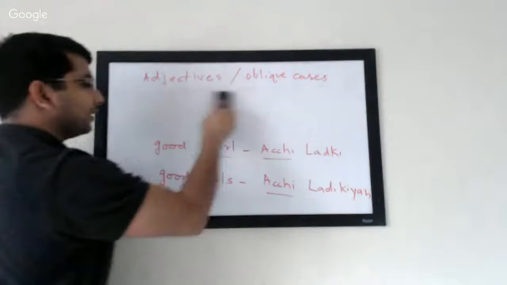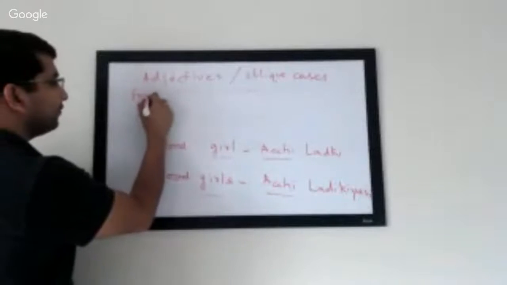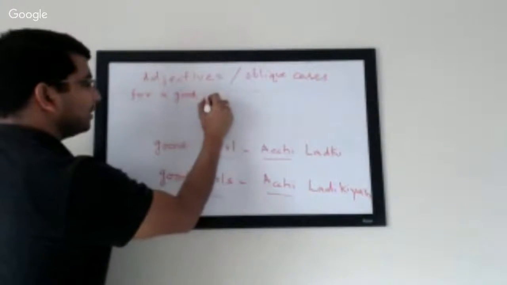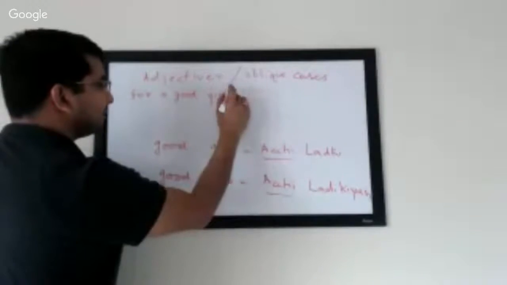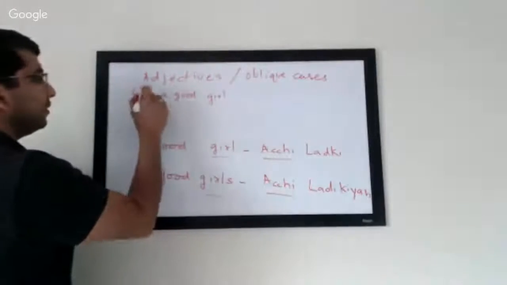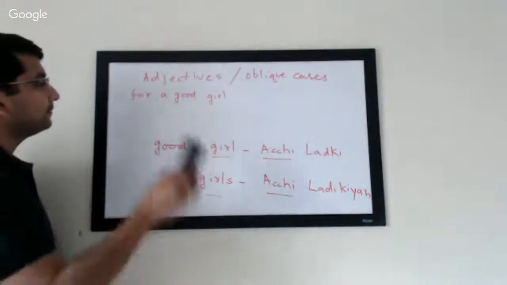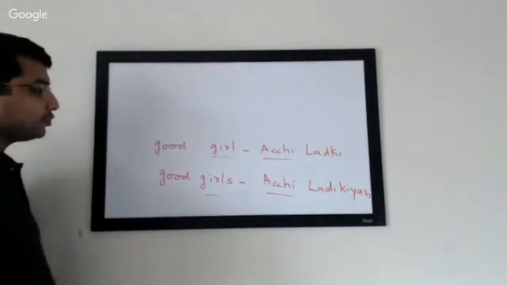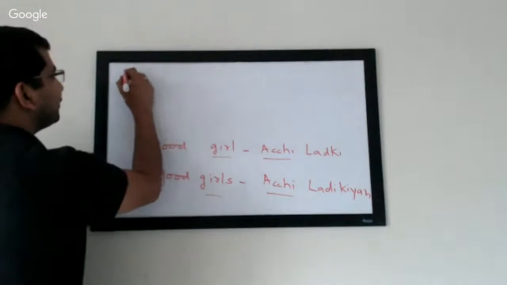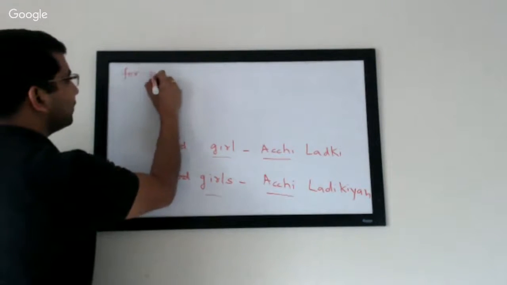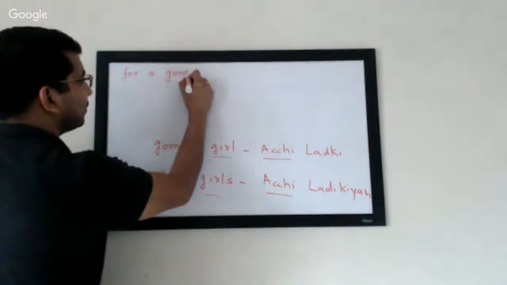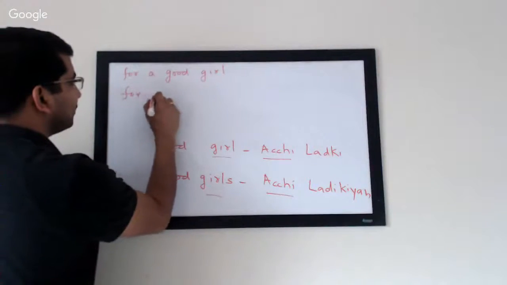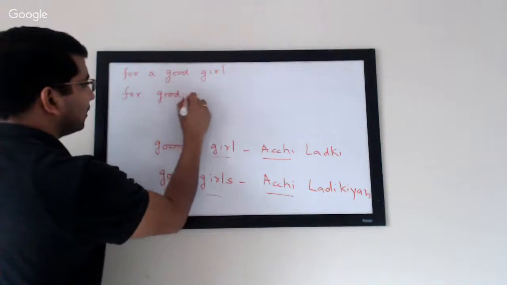But same thing if you were to say for a good girl, the same thing used with a postposition, it will be for a good girl, or you say for good girls.